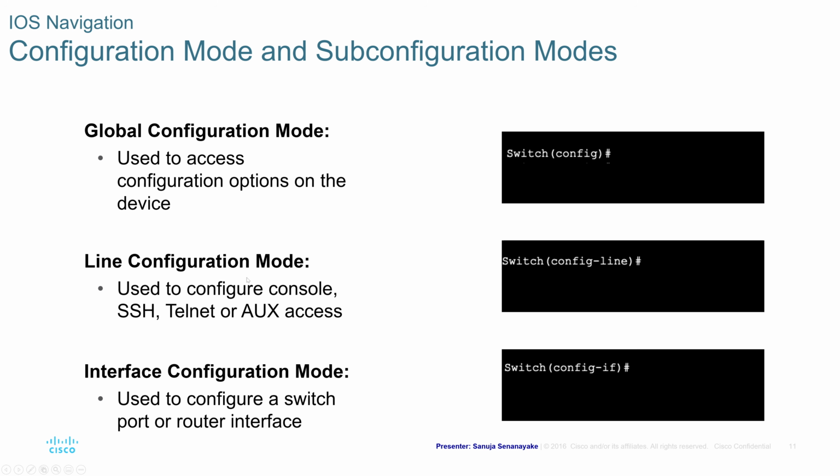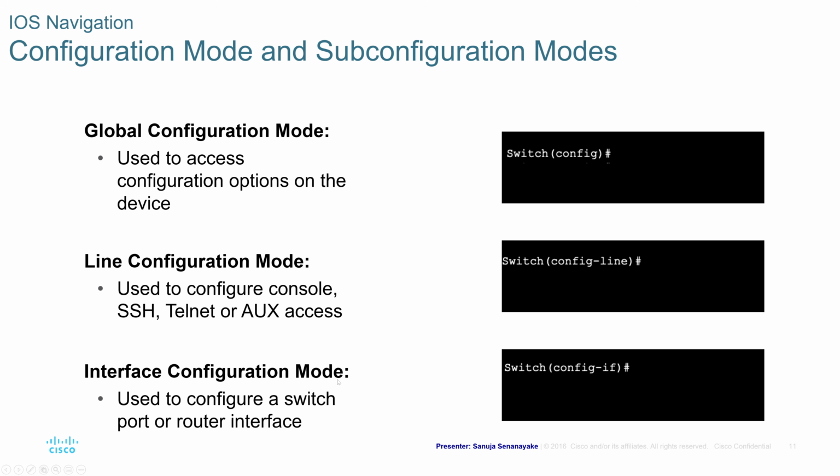The line configuration mode is used to configure things like SSH, Telnet, or aux access, so it will allow you to configure that particular section of the configuration. You will see on your Cisco IOS console that you'll have the name of the device, and you'll have config-line, and then you have this pound or hashtag key, and that's where you do the line configuration.